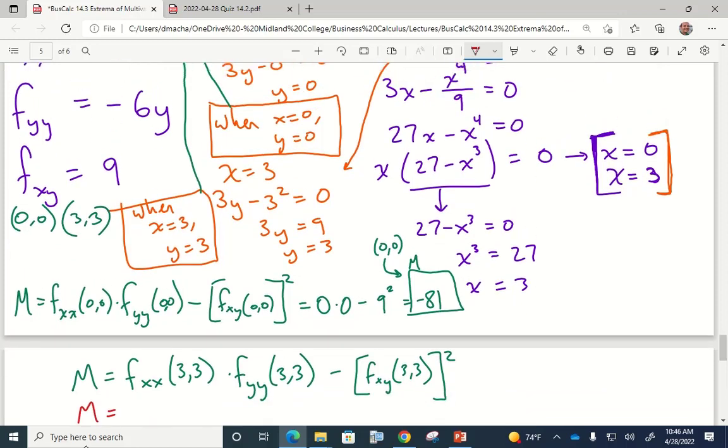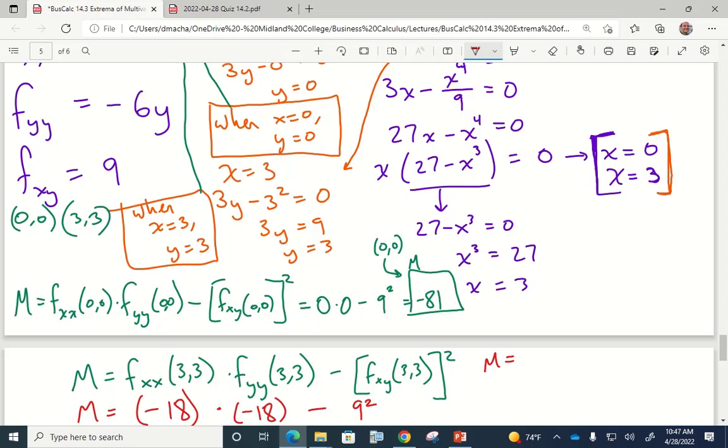If I evaluate that when x is equal to 3, that would be negative 6 times 3, which is negative 18. Second derivative with respect to y is negative 6 times y. So negative 6 times 3 is also going to be negative 18. Minus, my mixed partial is 9, and so I subtract 9 squared. So this m value is negative 18 times negative 18. So the two negatives make a positive.